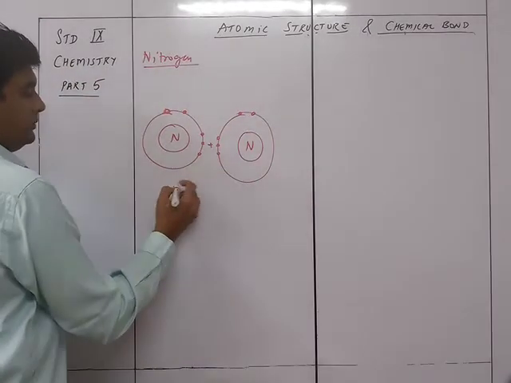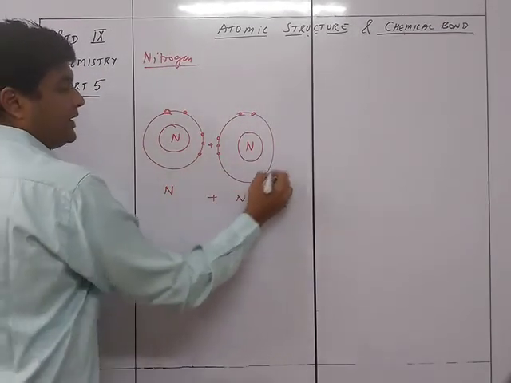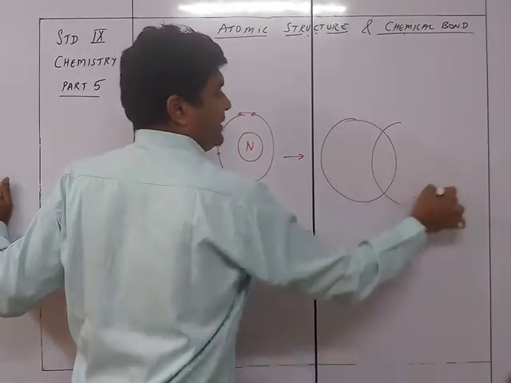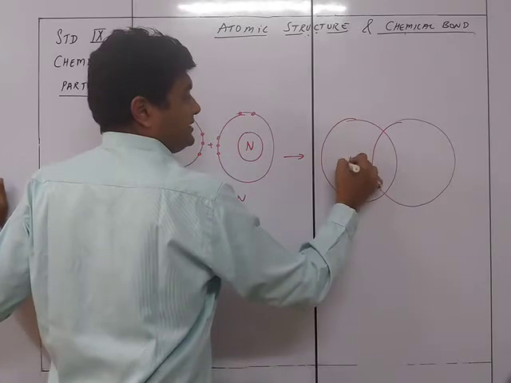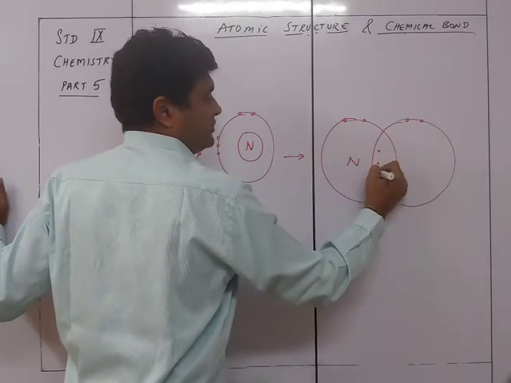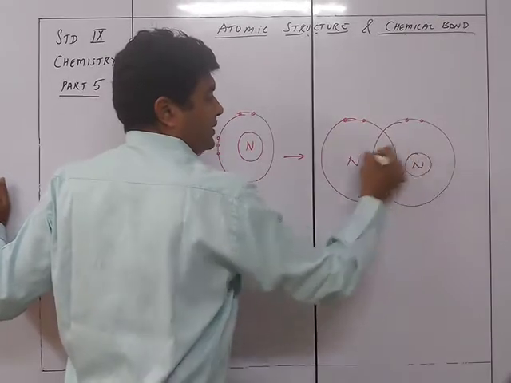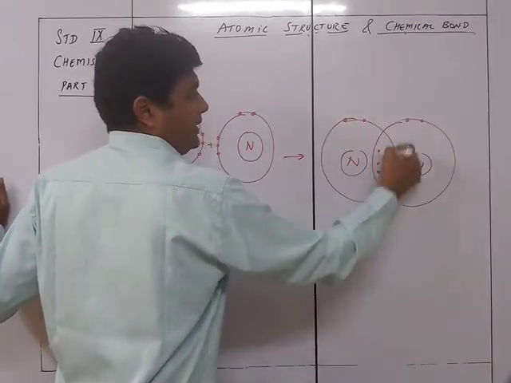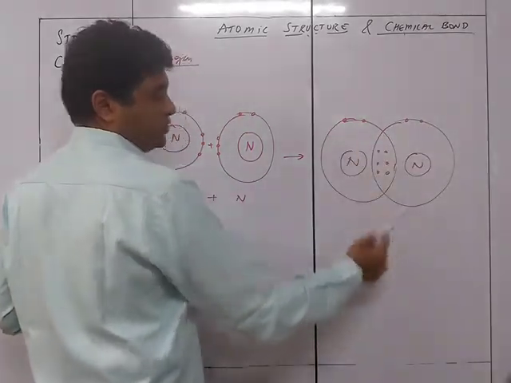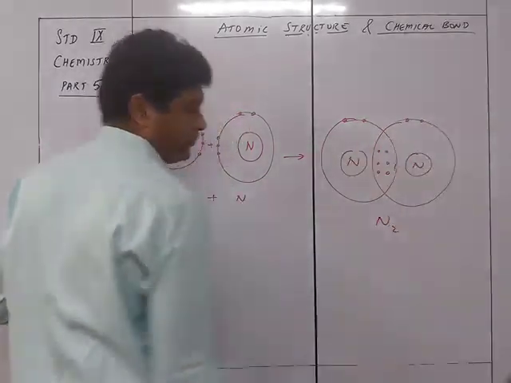So N plus N, with 3 electrons of this part and 3 electrons of that part shared. Accordingly, each will have 8. So this will be the N2 formation.